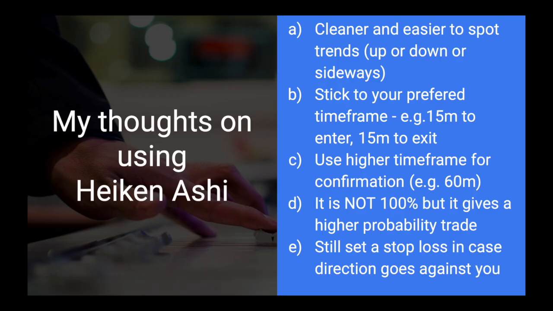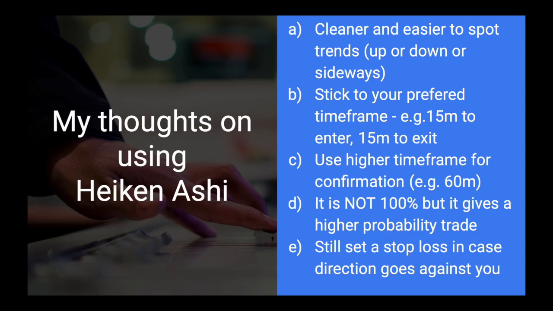So enjoy. My thoughts on using Heiken Ashi. There's 5 things I'd like to talk about. Number 1, if you've watched that video, you would understand that it is actually a cleaner, easier chart to look at and spot trends, whether it's an uptrend, downtrend or even sideways. And from my personal experience, you've got to stick to your preferred time frame.